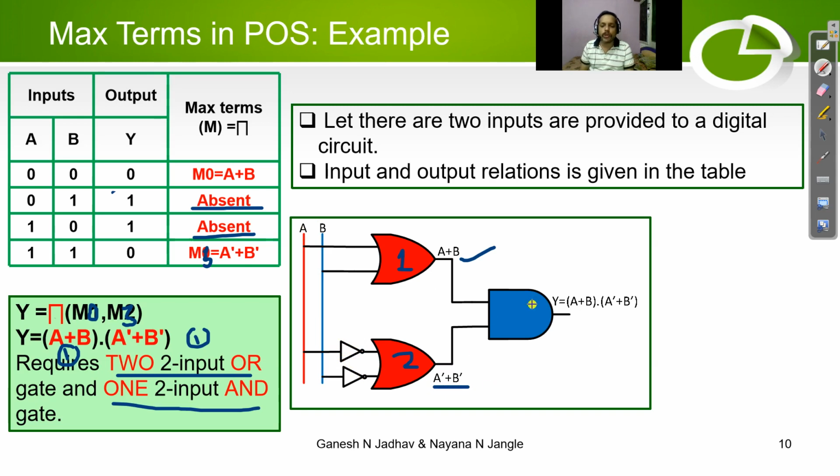And these both outputs are ANDed together using the AND gate to get the output Y equal to A plus B into A dash plus B dash. Hope you understand how to write down the POS equations. Please note that I have made a mistake in this slide. Here it is M0 and M3, not M1 and M2. Okay, let's proceed further.